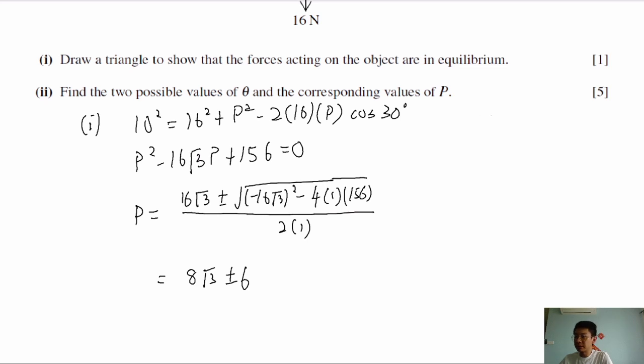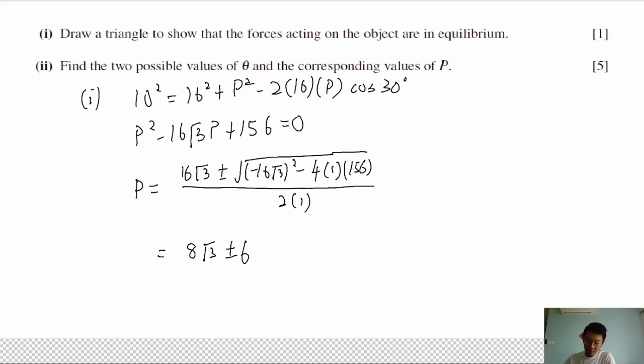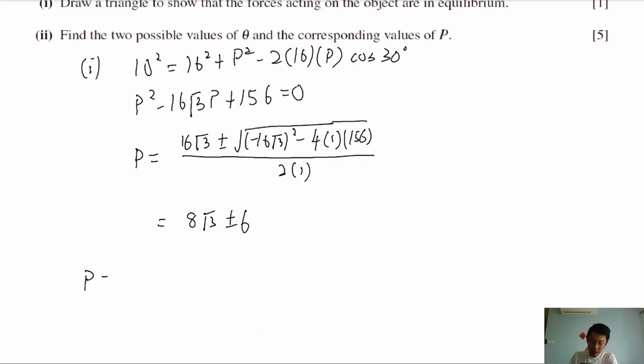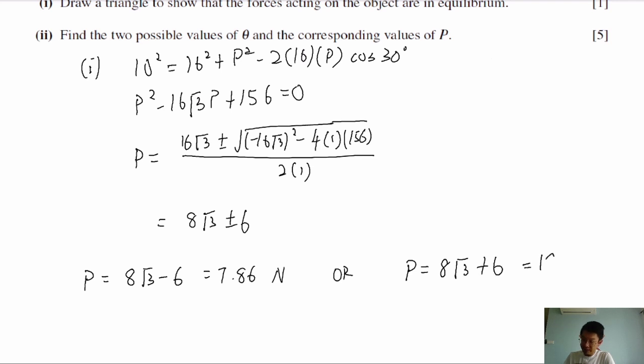So from that we get two values of P. The P could be 8 root 3 minus 6, which in this case is 7.86 Newton, or P is equal to 8 root 3 plus 6, which is 19.9 Newton.